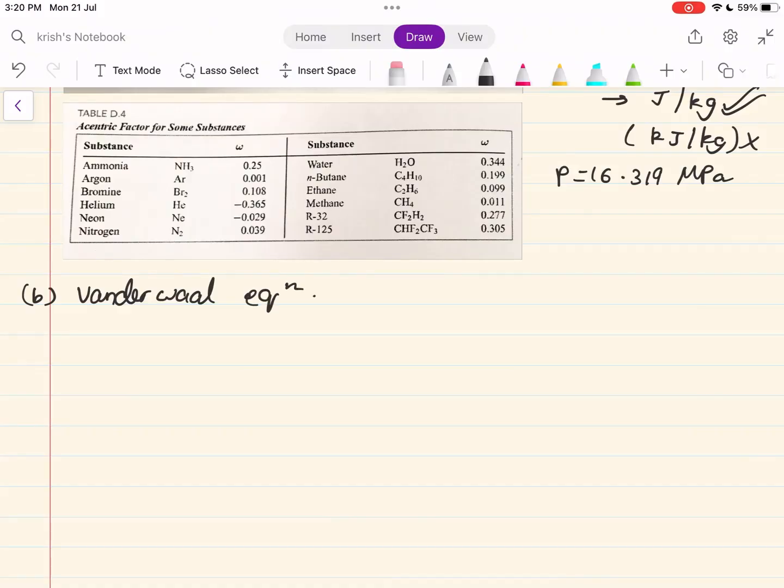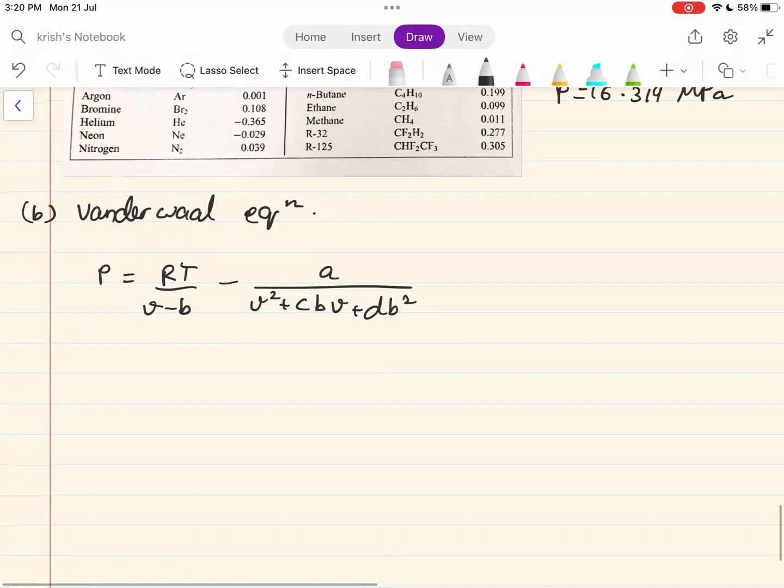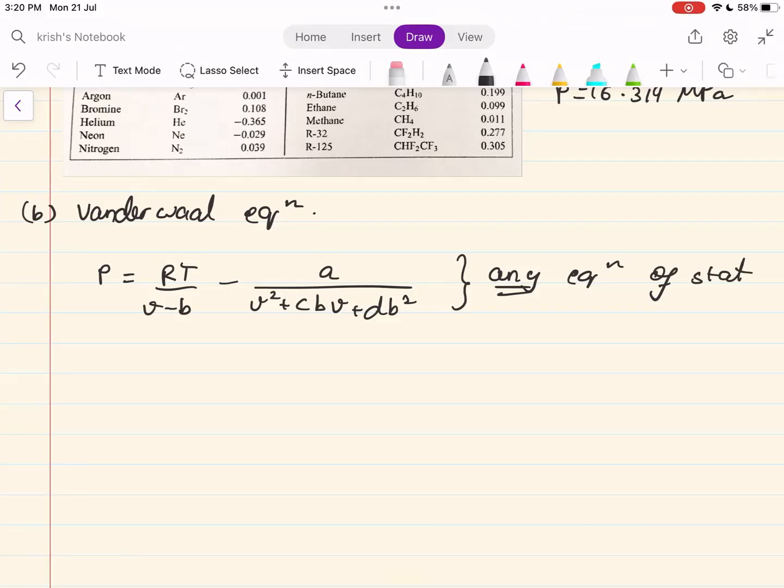Alright, moving on to part B, the van der Waal equation. Now, in the previous lecture, we had seen how any equation of state has a general form, right? P equals to RT by V minus B minus A V square plus C into B into V plus DB square.